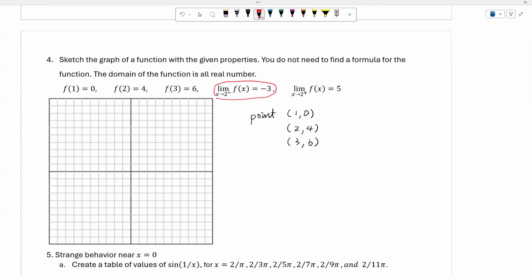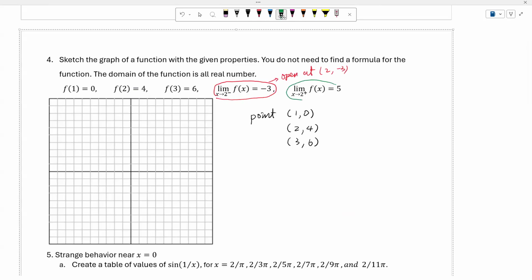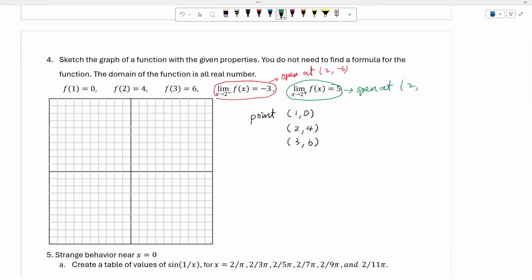This one tells me that I have an open point at 2, -3. And then this one tells me that I have an open point at the calculated 0.25. So let's see how we finish the problem.